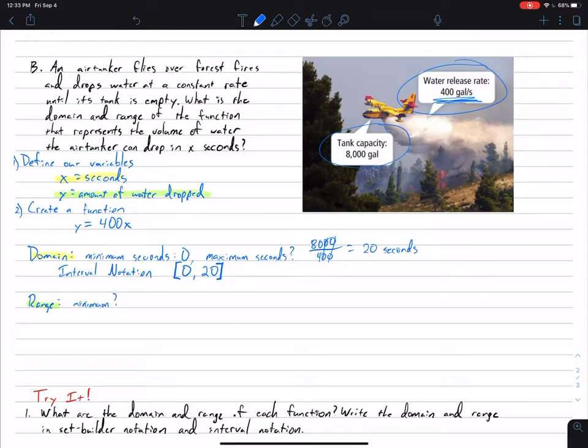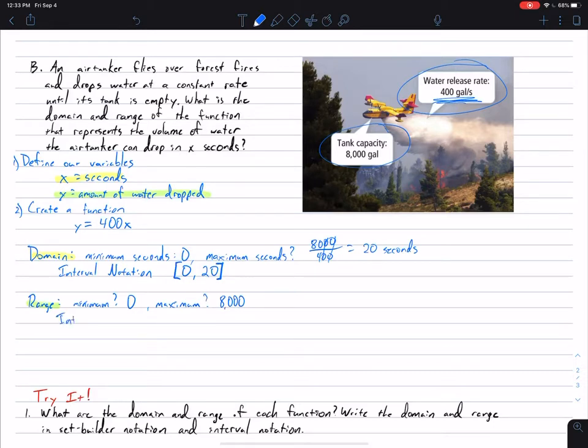What would the minimum be? Well, 0. I don't need to drop any water. And what about the maximum? What is the maximum water I can drop? Well, how much water is in the air tanker? 8,000 gallons. So that's the maximum water I can drop.